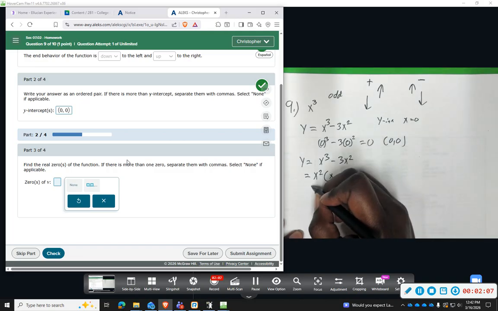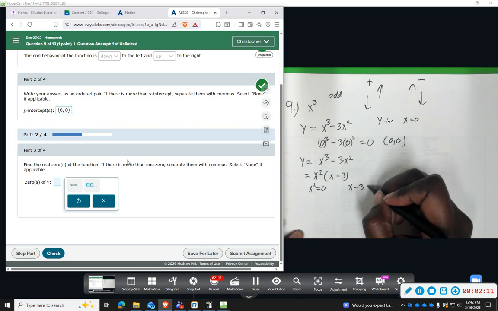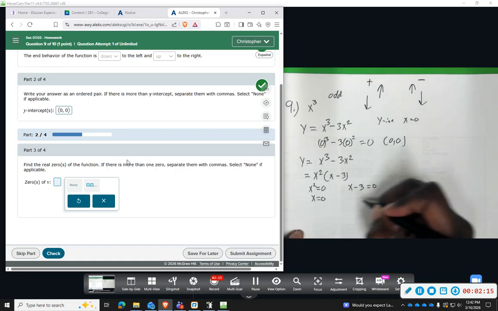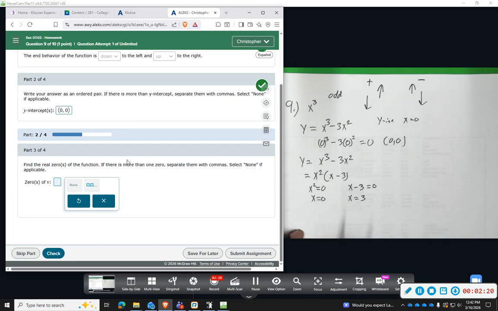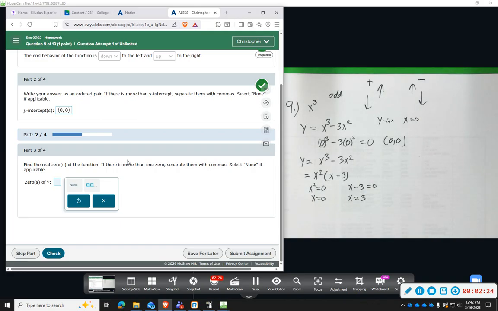Then we can say x squared equals 0 and x minus 3 equals 0. That gives us x equals 0, and x equals 3. So we have two x-intercepts, (0, 0), which just duplicates our y-intercept, and (3, 0). It just says the zeros and does not want ordered pairs, so we'll just say 0 and 3.